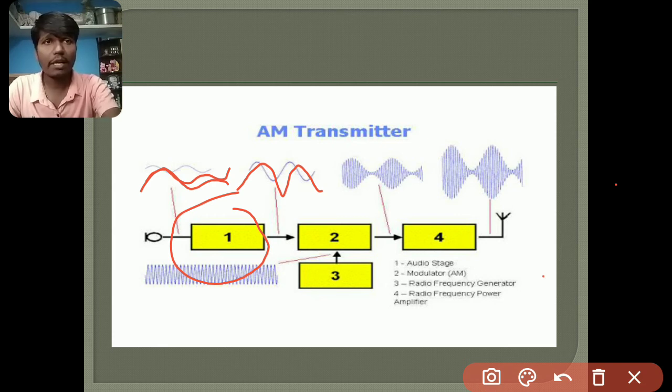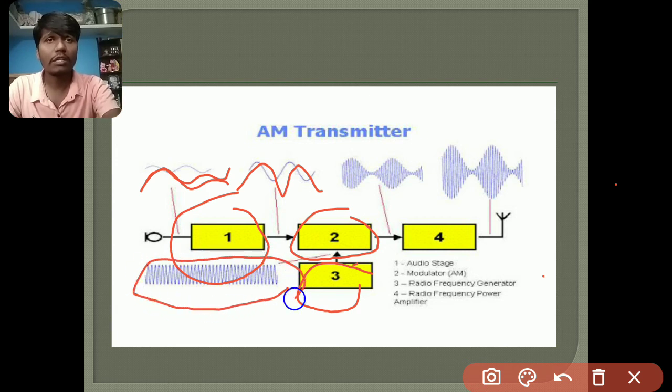And the second is the modulator. It means the modulation process is going on. Then the third one is the radio frequency generator, known as the oscillator. The oscillator waveform comes to the modulator, and the carrier wave of the RF section also comes to the modulator.